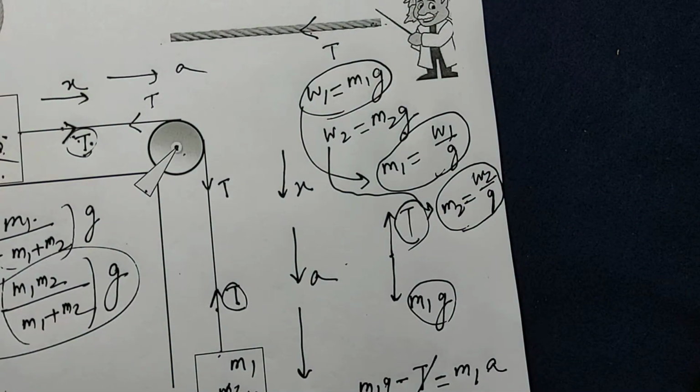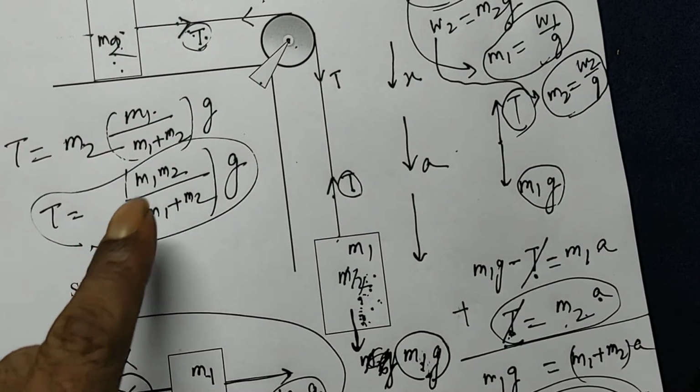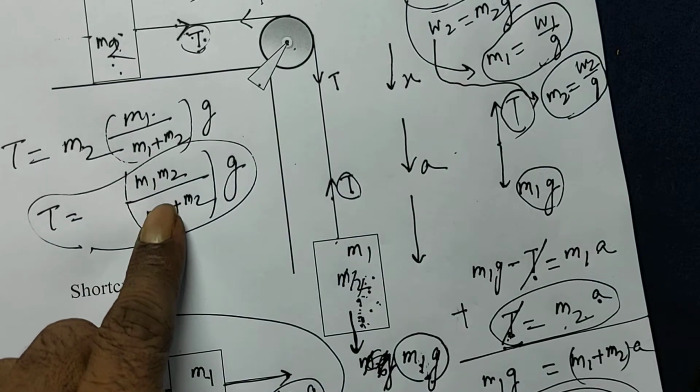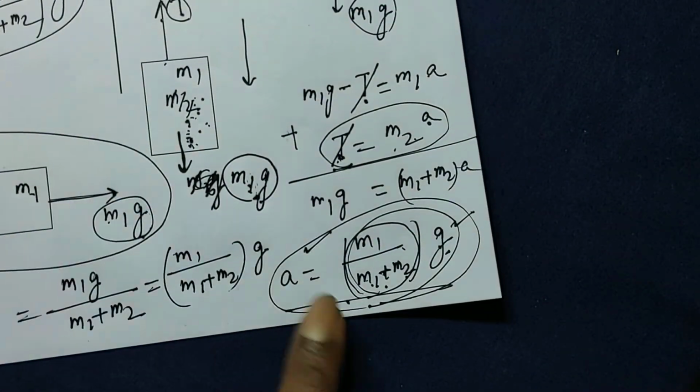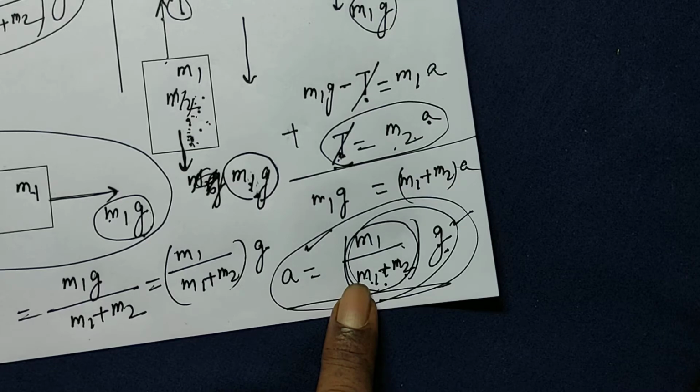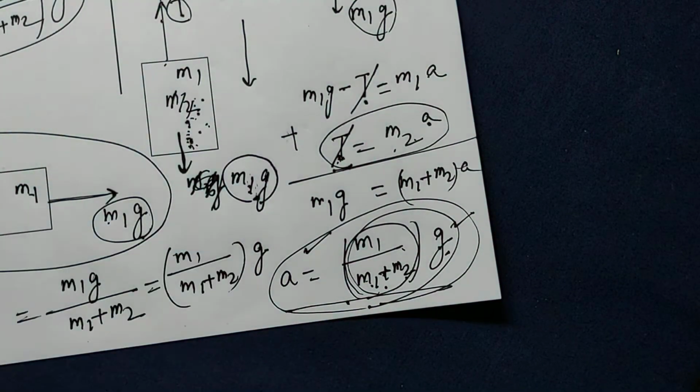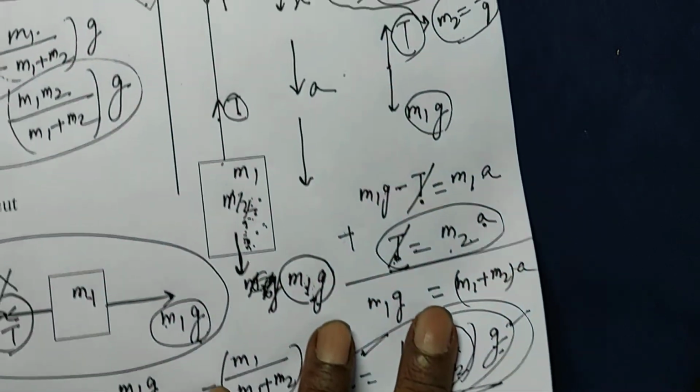Try it yourself. This acceleration expression and this tension expression can be expressed in terms of w instead of m1 and m2. So you have to be careful that way.